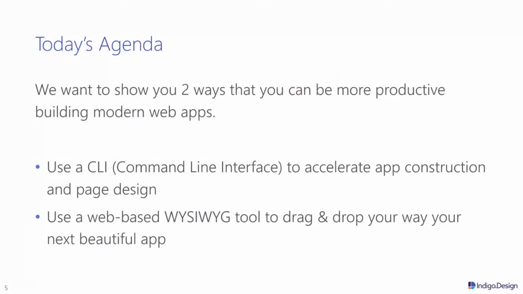So today, what we want to show you is 2 ways that you can be more productive building modern web apps. And what this means is that when you think about a modern web app today, not even today, I mean, since 2011 when jQuery, or 2010 when jQuery really started to become super popular, you're looking at a lot of hand coding.